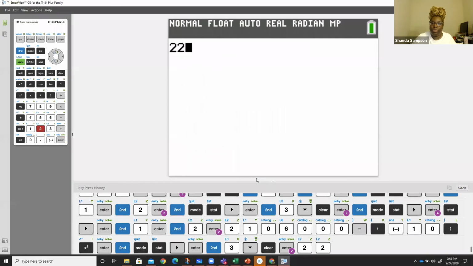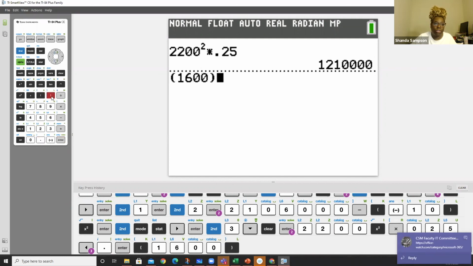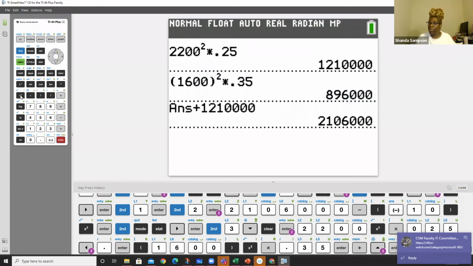So let's do it. 2200 squared times your 0.25, and then you have to put it in parentheses, negative 1600 squared times the 0.35, and then you add these together, and you see you get the same thing that we got, 2,106,000.